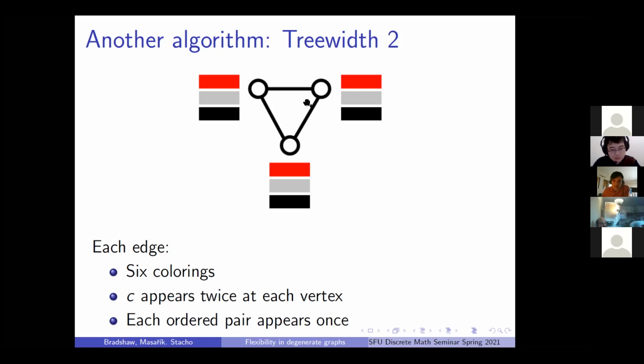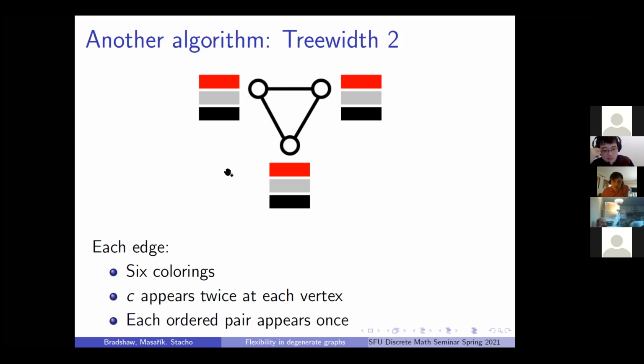I'll give a quick example with this triangle. This triangle has 6 possible colorings. It would take too long to draw all of them, but you could put red at the first vertex, then gray at the second vertex, then black, or you could have red, black, gray, then gray, red, black, and so on, and then you would have 2 others starting with black.